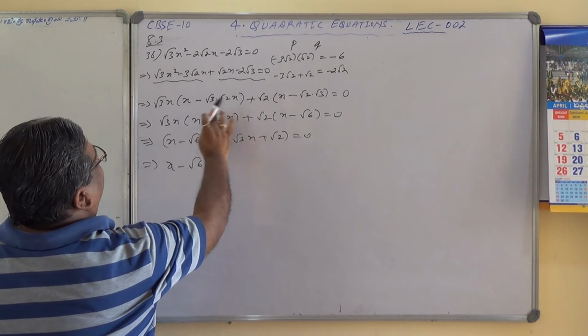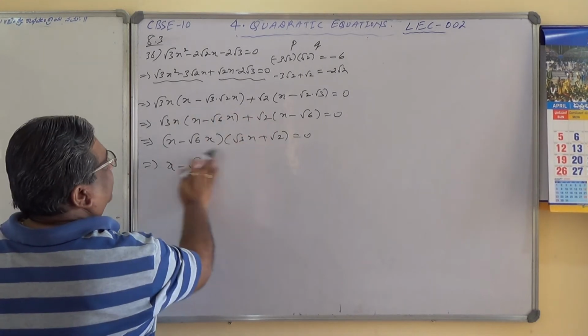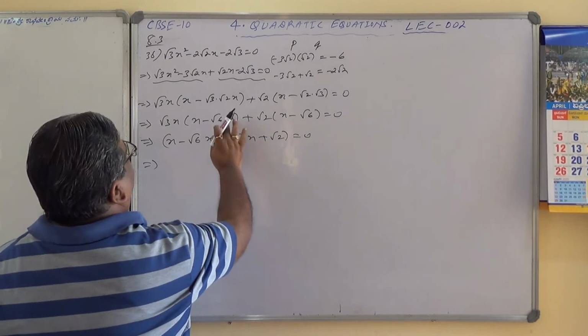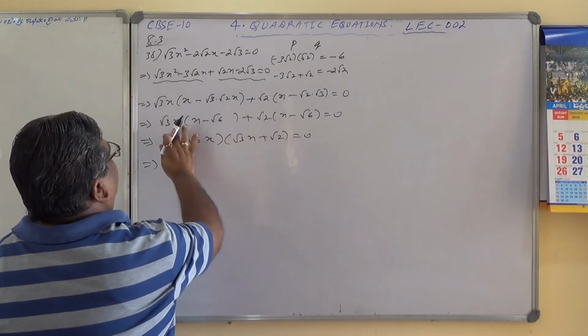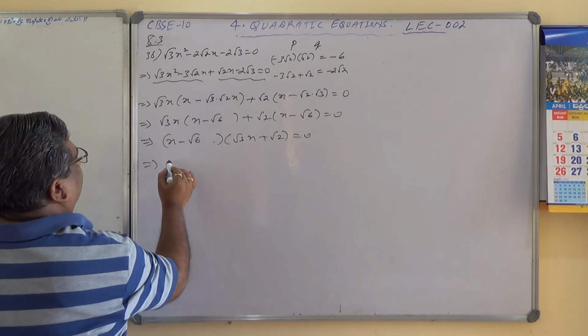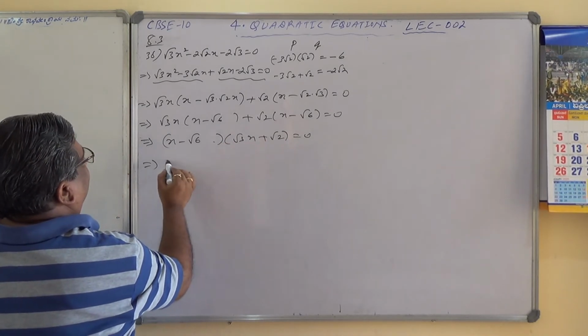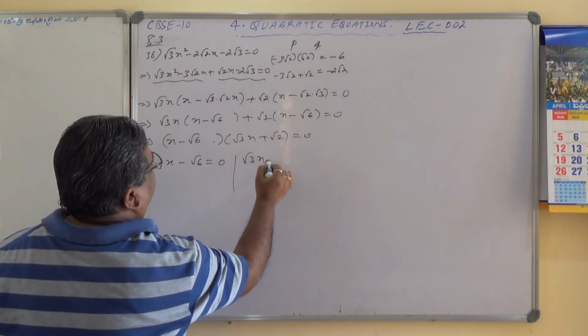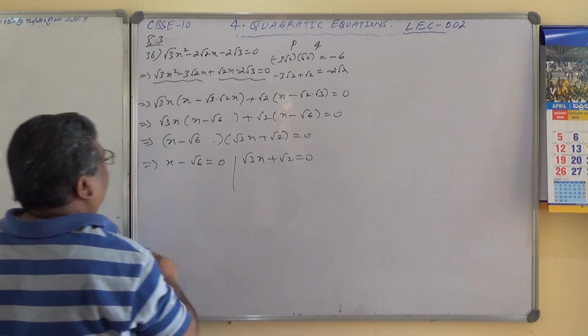Here just a moment, x has gone out, correct. No, something is wrong. x minus root 6, here x is gone, root 2, now it is correct. So therefore x minus root 6 equals 0, root 3x plus root 2 equals 0.